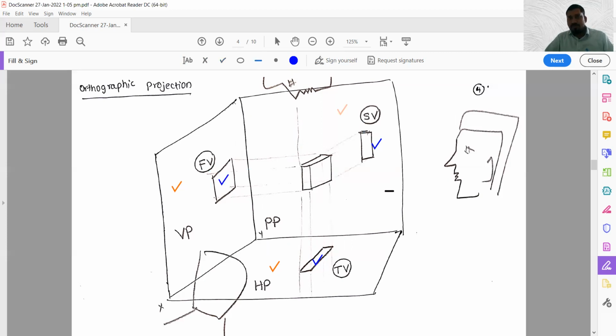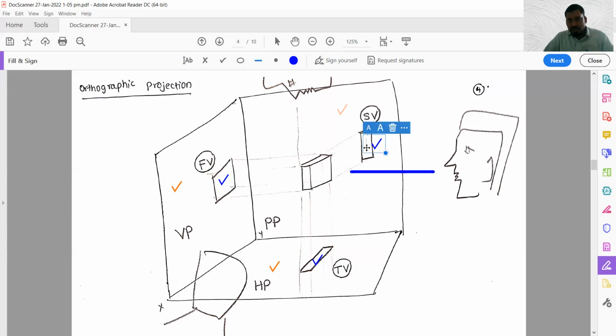Understood? I have placed an object in space which is straight to the observer. The observer is going to see the object. Finally, the projections or shadows of this object on the respective planes are like this. This is the image projected on the vertical plane for this object.